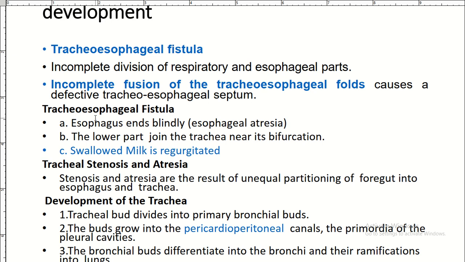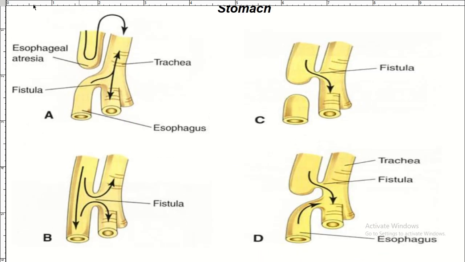Tracheoesophageal fistula. So the most common of the tracheoesophageal fistula is this one, right? That's the most common. Where you're going to have tracheoesophageal fistula with esophageal atresia, right? So you're going to have a blind pouch of the esophagus, and then the trachea having a fistula with the esophagus.